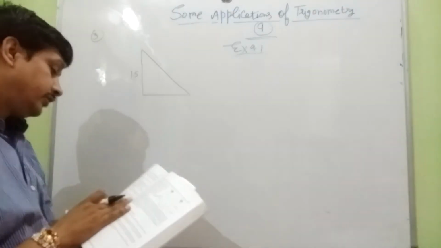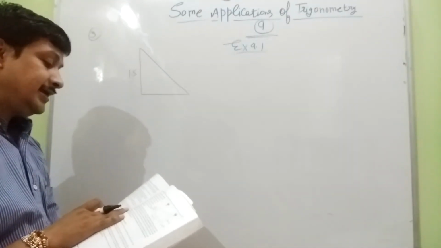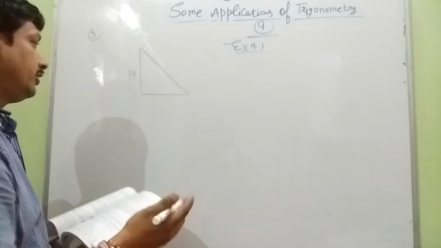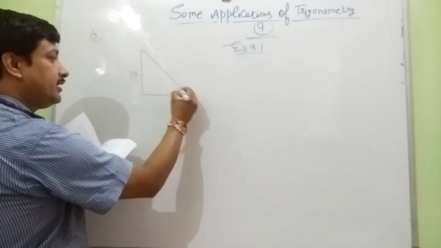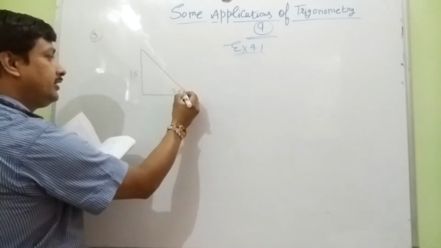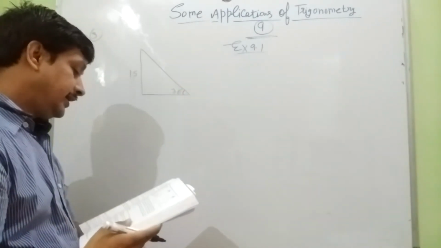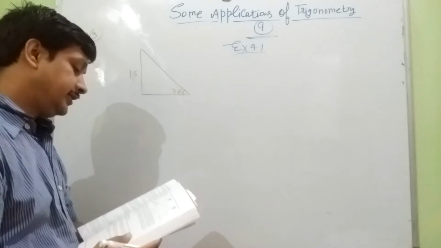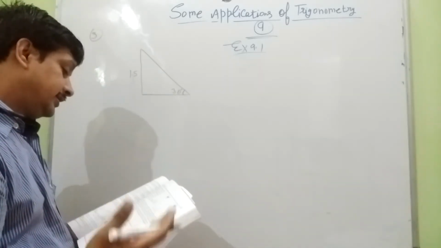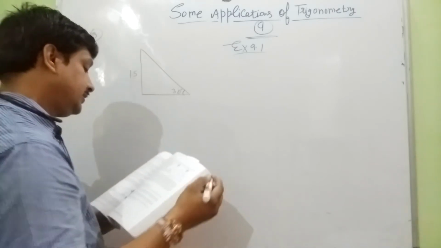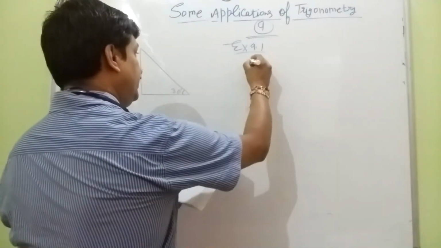Okay, it is 1.5 meter and it is inclined at an angle of 30 degree with the ground. So this is the ground level and this slide will make a 30-degree angle with the ground. Inclined means its angle with the ground is 30 degree. Okay, so for the other slide for elder children, the height will be a bit more.